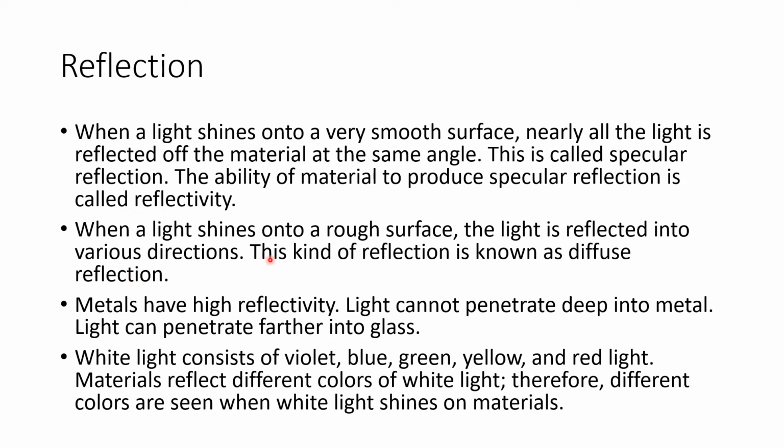When light shines onto a rough surface, it's a different story. The light is reflected in various directions. Why? Because when a surface is rough, you have different surfaces. It's going to strike here, there, and there, so the reflection is going to be different.